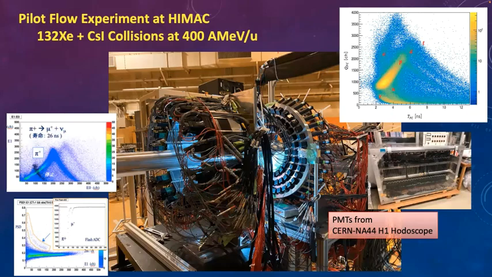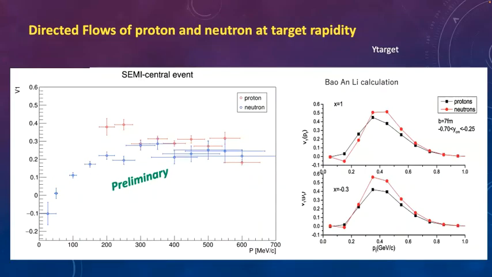We have reaction plane detectors, and by the way, this PMD I took from the NA44 H1 photoscope. More than 30 years old PMD, still working very well. And we can identify proton and neutron fairly well. We started this work with the Tsukuba group and some collaborators.